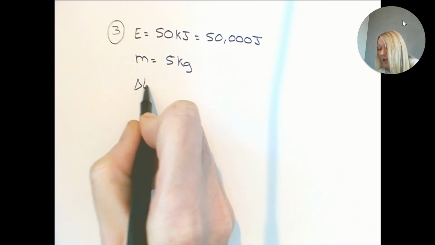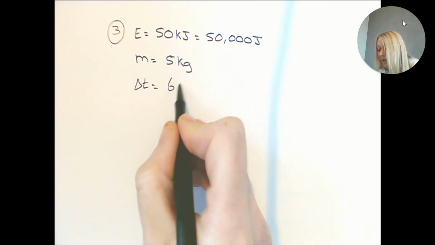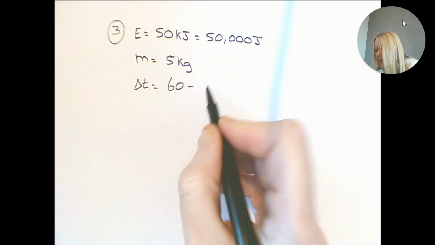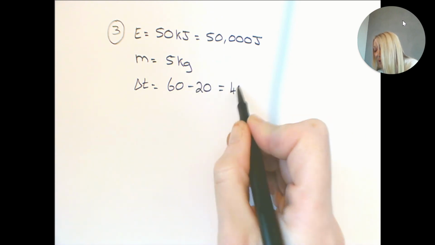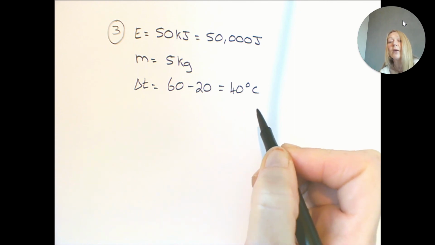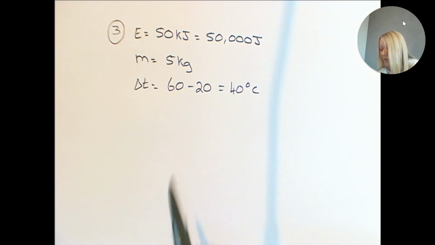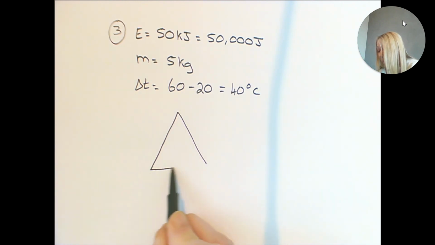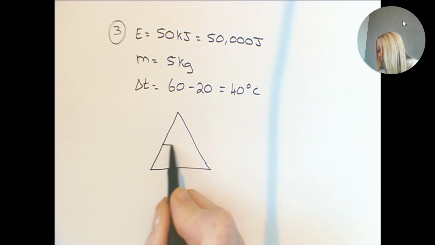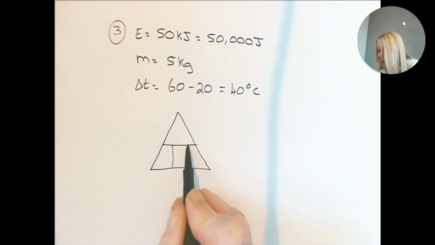The change in temperature was the end temperature take away the initial temperature, which is a change in temperature of 40 degrees. Again, we're going to use the triangle to help us. So we quickly draw out our triangle.